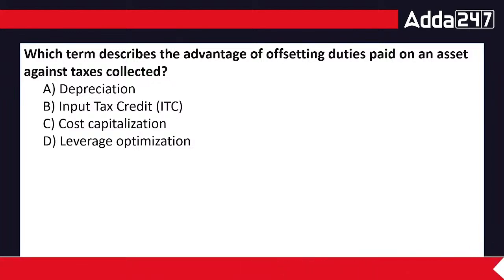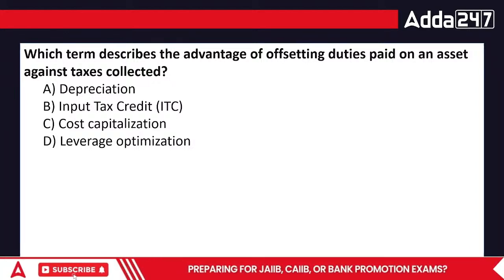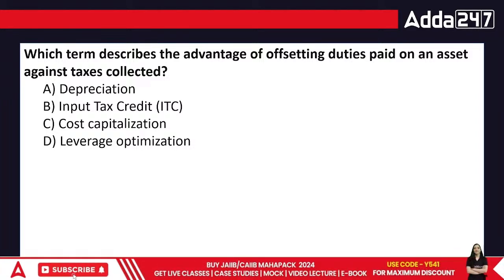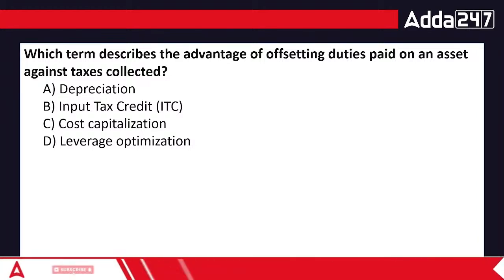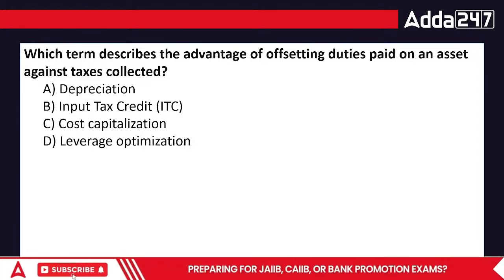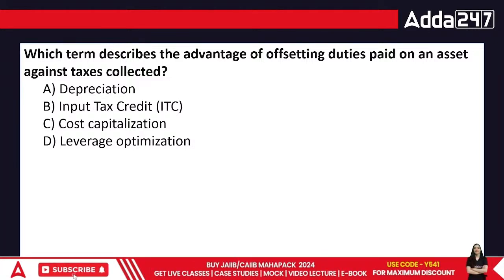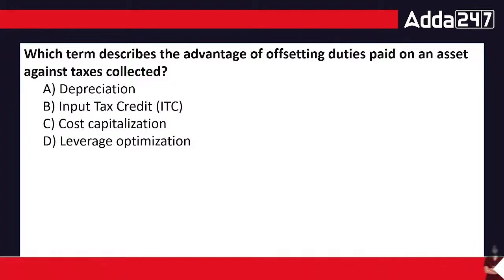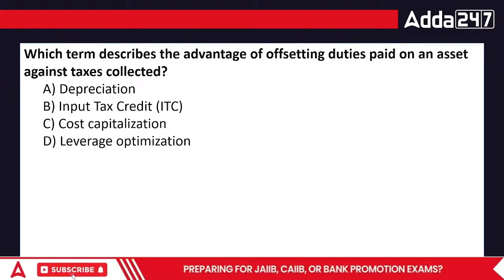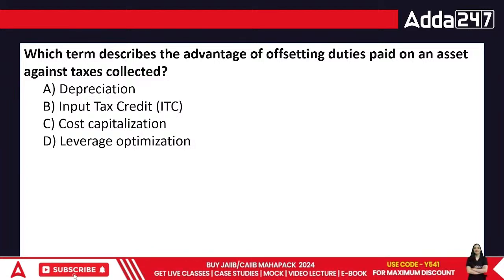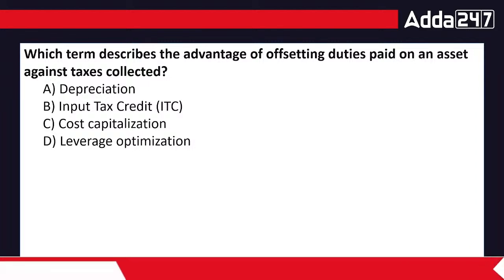Next is cost capitalization. Cost capitalization is related to the assets. And leverage optimization. Leverage means if I take a loan, I would want to get the maximum benefit out of it. Everyone, if an asset is not getting any benefit, then we would really rethink why we bought that asset altogether, है ना? An asset should be really helpful for the organization.